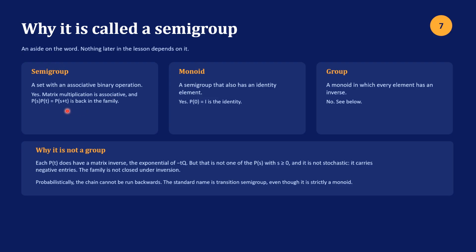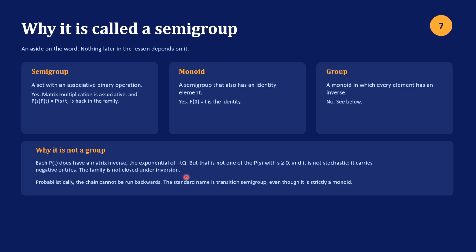The set of the P of t's also has an identity because P of 0 equals the identity matrix. So it's technically a monoid, but the property we're interested in is this semigroup property. There's one further property that makes something a group, and that's that each element has an inverse, but we don't have inverses. Each P of t does have an inverse. The problem is that the inverse is not stochastic. In other words, the rows don't add up to 1, and it has negative entries.